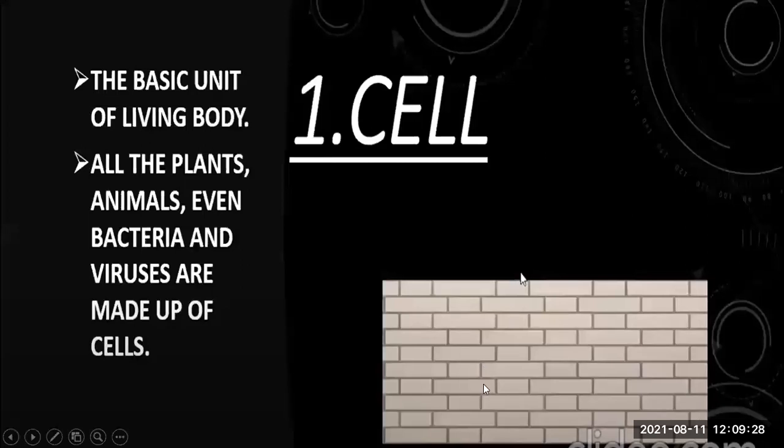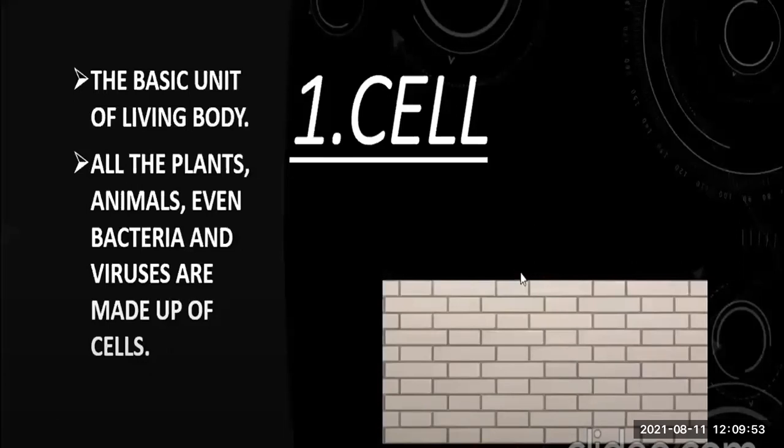Likewise, there are trillions of cells, not millions, not billions, in our body. They are arranged one after another, one onto another, and they have made our body, right? So as this wall has a basic unit, the brick, the basic unit of the body is the cell.